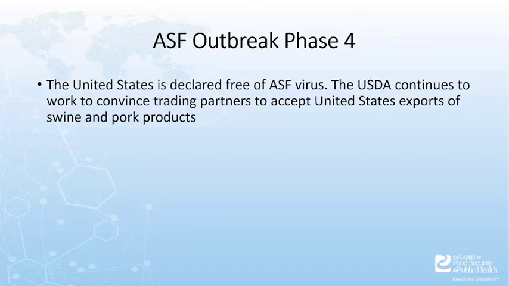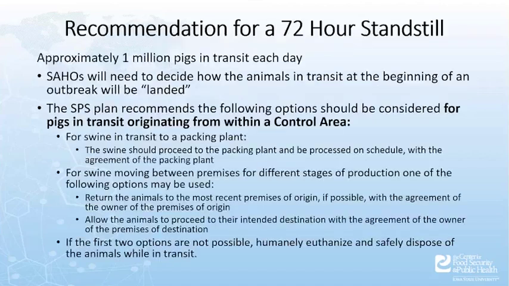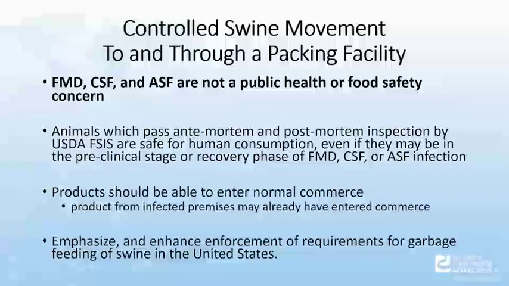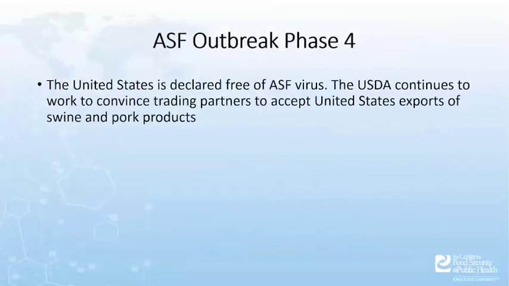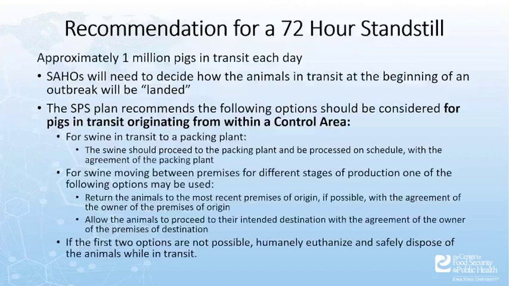Phase 4, the United States is declared free of ASF virus. The USDA continues to work to convince trading partners to accept U.S. exports of swine and pork products. So after the OIE declares the U.S. to be free, the individual trading partners need to be convinced to accept our exports.